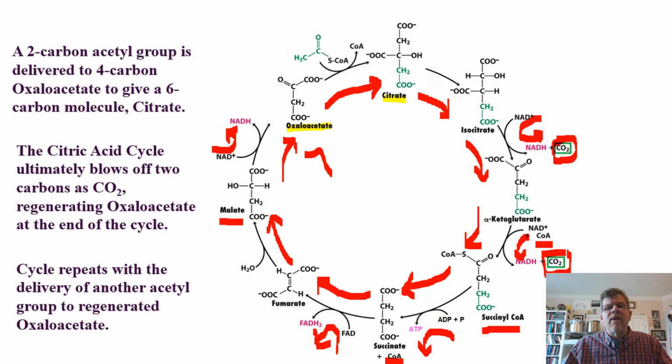Importantly, now that we have reformed oxaloacetate, we see that this is indeed a cyclic process, and this reformed oxaloacetate can pick up yet another acetyl group from acetyl-CoA and continue this cycle around and around, over and over again, because it is indeed a cyclic process.